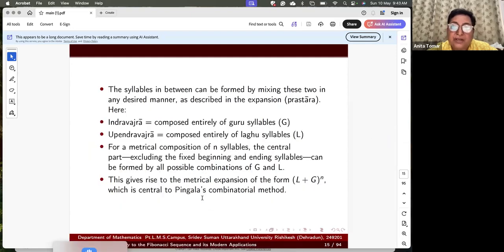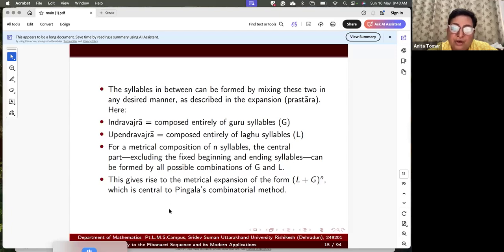The syllables in between can be formed by mixing these two in any desired manner, as described in the expansion of Prastara. So Indravajra is composed entirely of Gurus and Upendravajra is composed entirely of Laghu syllables.